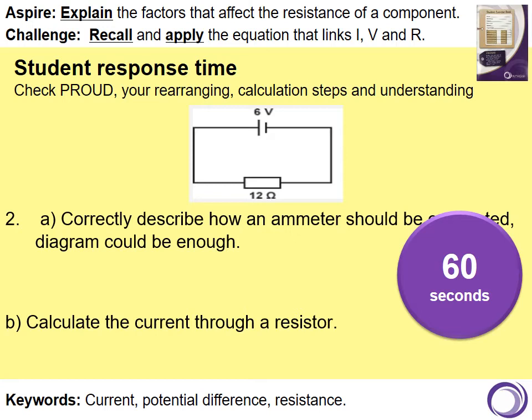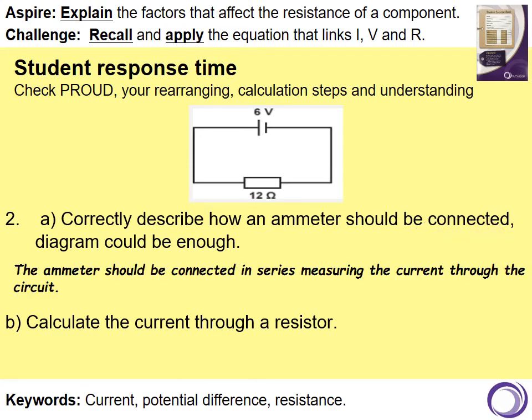Okay, let's see how we got on. So, correctly describe how an ammeter could be connected. So in this particular diagram, and in all circuits, we should have the ammeter connected in series, measuring the current going through the circuit. Calculate the current through the resistor.